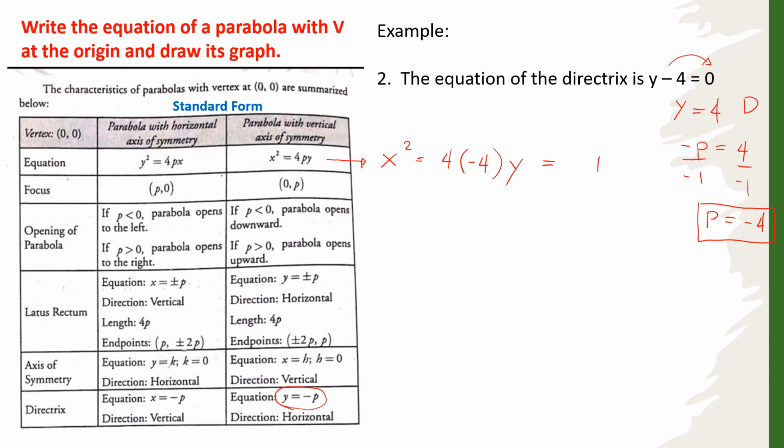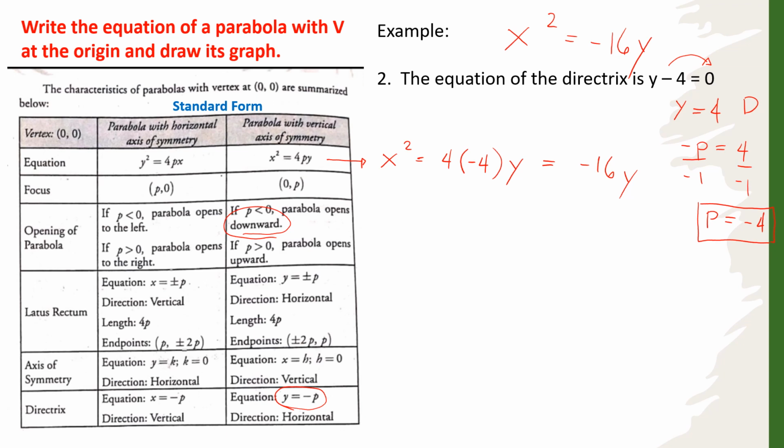So negative 16y. So our equation is x squared equals negative 16y. Okay? Now, since p is negative 4 and negative 4 is less than 0, the parabola opens downward.